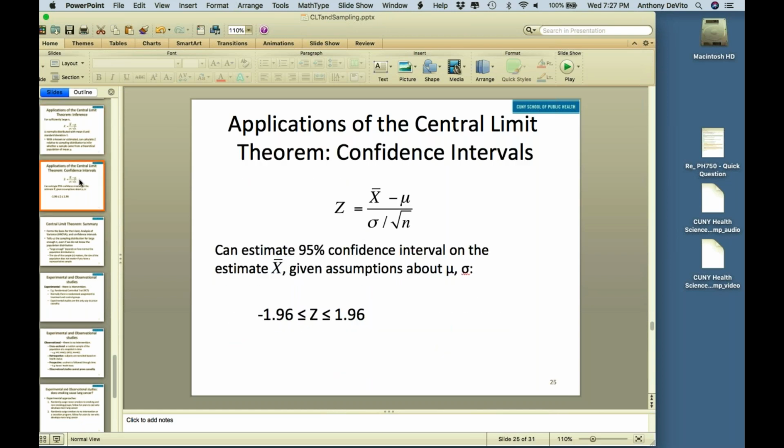This formula tells me that whatever my sample mean is, minus my population mean, over my standard error, that's the amount of difference between what I predict the population mean is and what it actually is. In other words, this is what I got from my sample. This is what I got from the actual population mean.